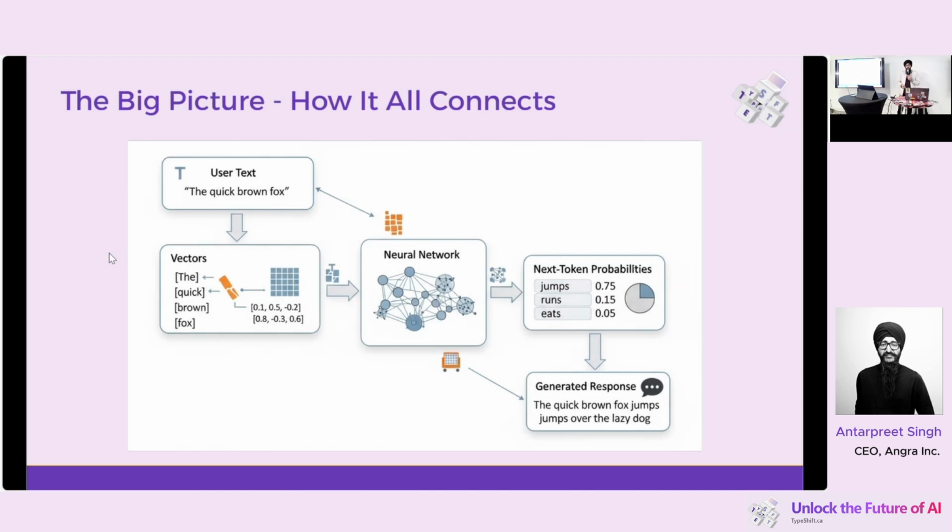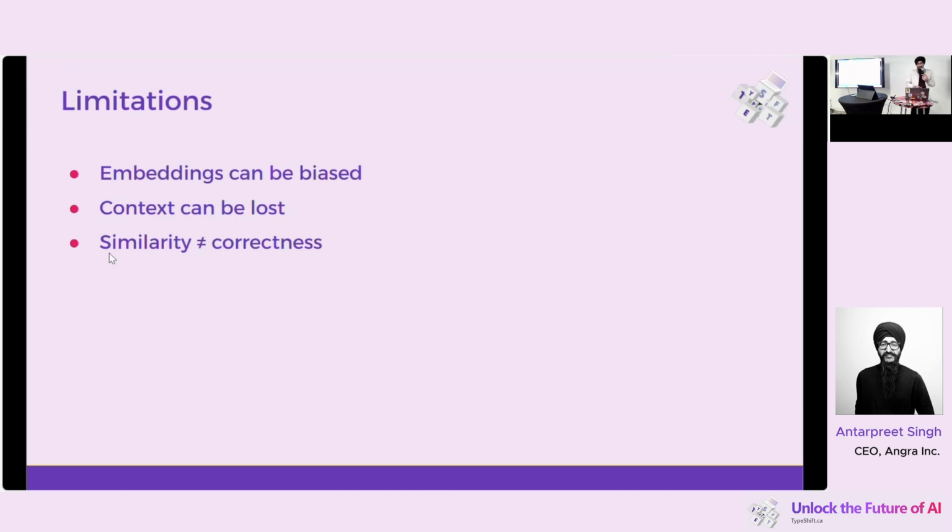Then, based on the next probable answer, it'll suggest that after the quick brown fox, jumps is the highest probable, so it'll recommend jumps as the next word. It will append jumps back to a quick brown fox and run the same process again and again until it gives you the final answer. So it's just repeating the same thing again and again.